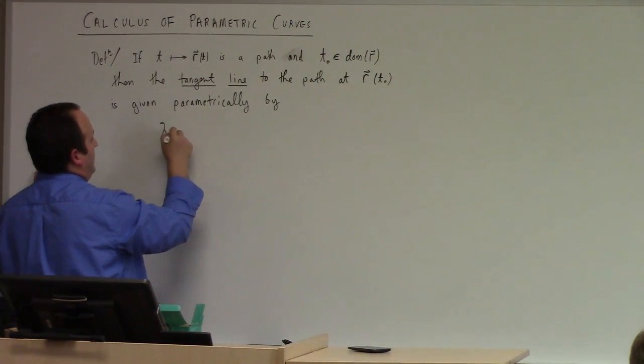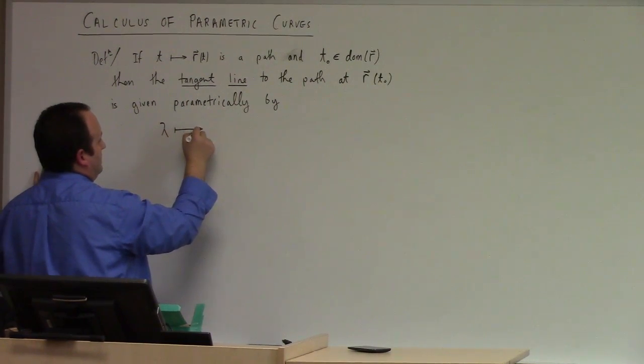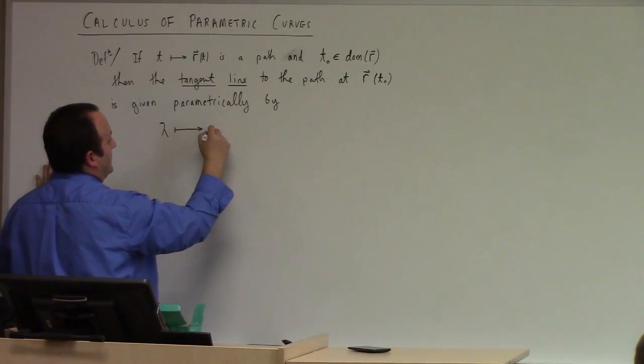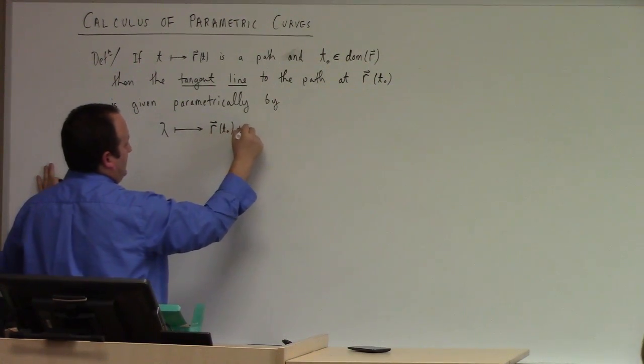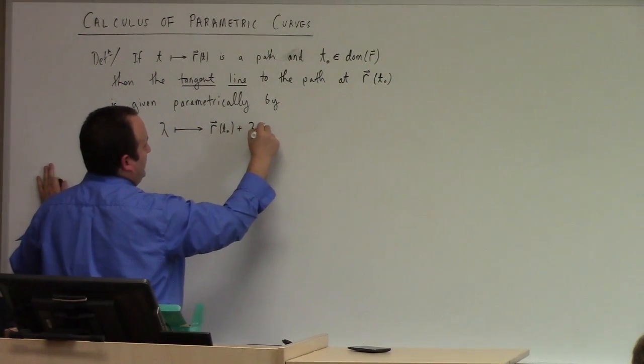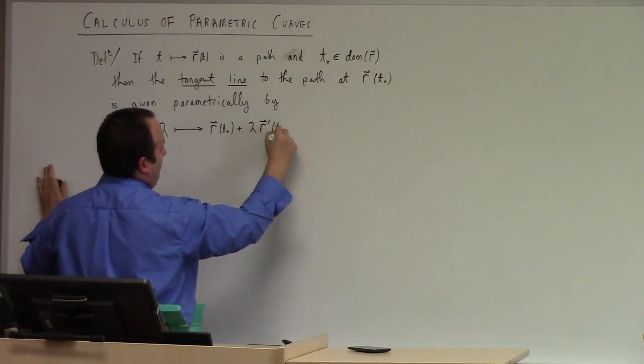Lambda maps to R of t naught plus lambda times R prime of t naught.